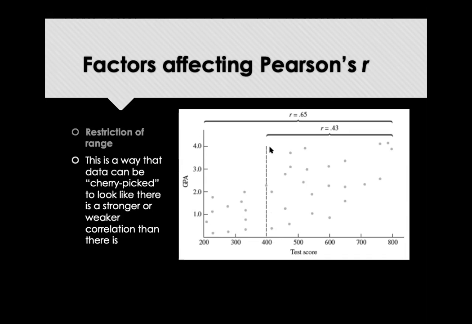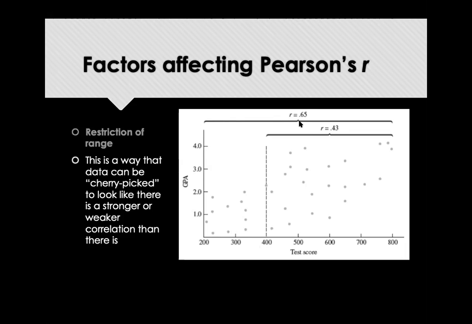If you were to calculate an R value or correlation coefficient for just the range of scores from 400 to 800, these are the scores you'd be looking at, and your R value would only be 0.43. And so you would inaccurately report that there is a weak correlation between these two variables, GPA and test scores. And that is the problem with restricting the range. When you include the full range of test scores from 200 to 800 and you compute an R value, you see up here the R is 0.65.